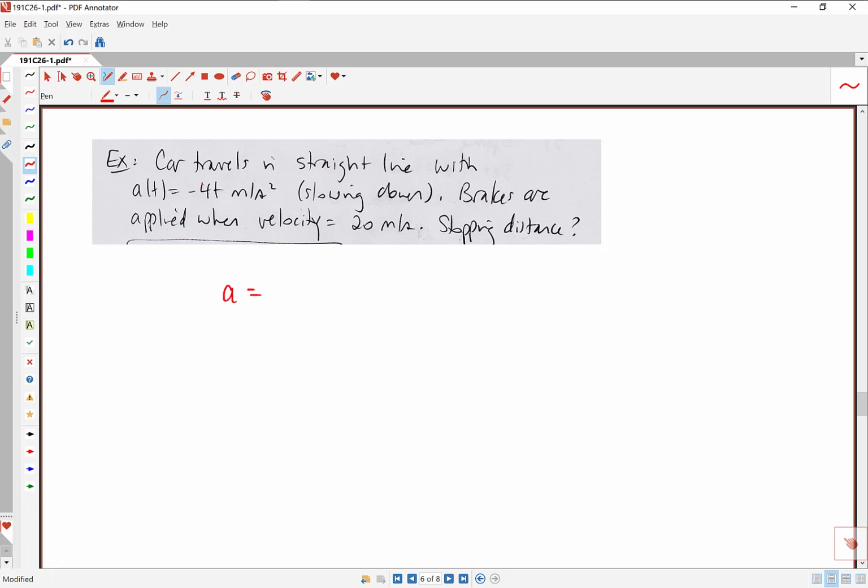We'll just copy it as it was given in the problem, negative 4t. Velocity will be the integral of acceleration. So that means velocity is going to be, well, you could say negative 4t squared over 2, but I'd be inclined just to simplify the coefficient there and make that minus 2t squared plus some constant. So let's say plus c1.